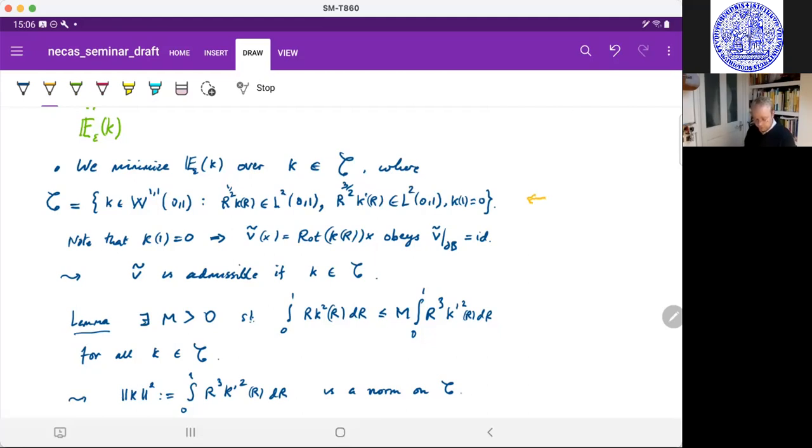Okay, so it turns out that C happens to be weakly closed, and if k belongs to C, then the associated twist map is admissible.